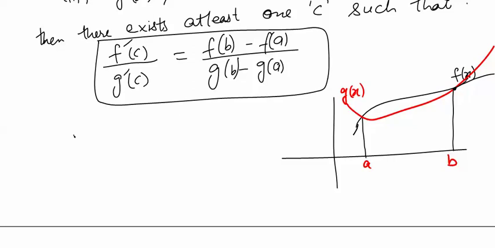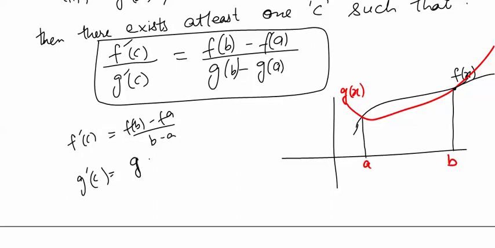For example, f'(c) would have become f(b) minus f(a) upon b minus a, and similarly, when you talk about the g(x) function, you would have said g'(c), not g'(x), would have been g(b) minus g(a) upon b minus a, right?